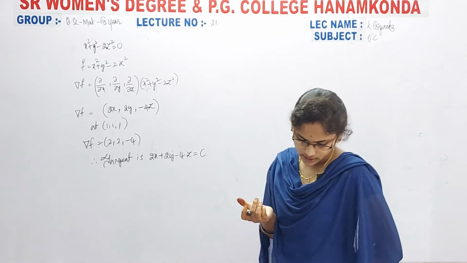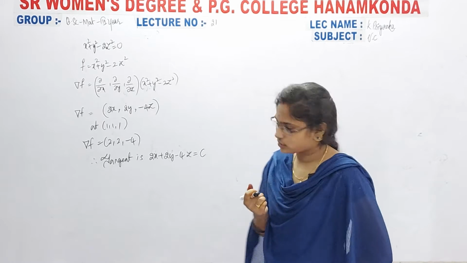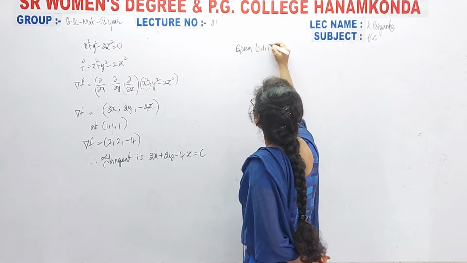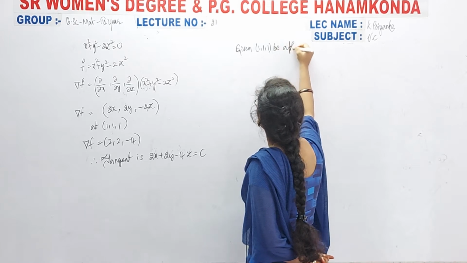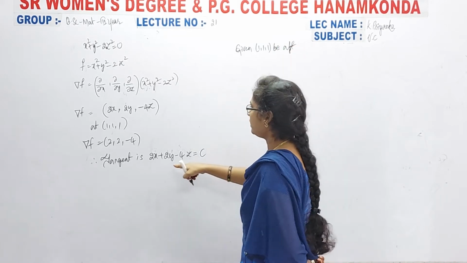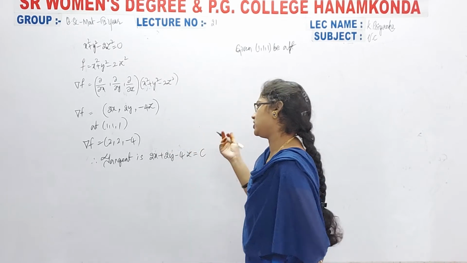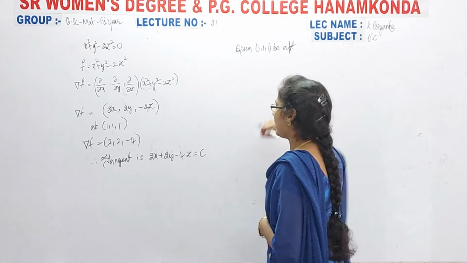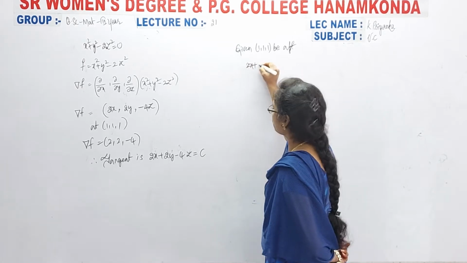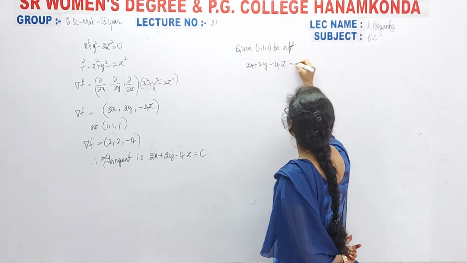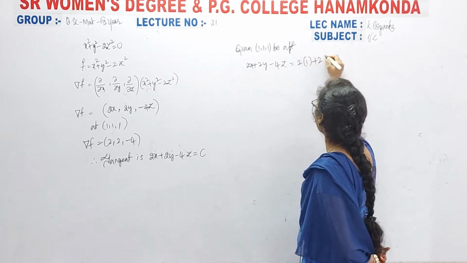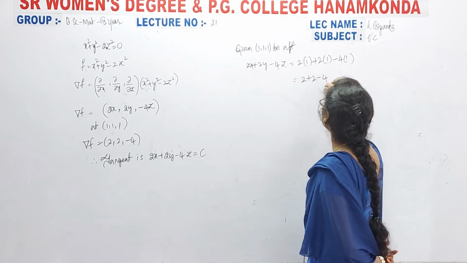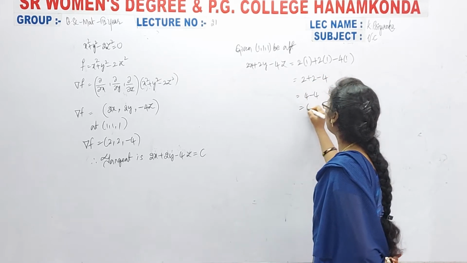So we have to find it using the given point. Here I substitute the values: 2x plus 2y minus 4z is equal to 2 of 1 plus 2 of 1 minus 4 of 1, that is 2 plus 2 minus 4. So 4 minus 4, which is equal to 0.